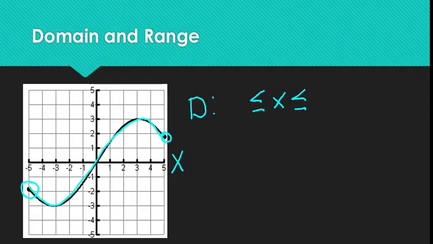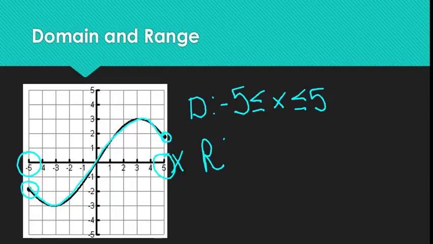We know this is the x-axis, right? The furthest to the left for the x-axis is -5, and the largest on the x-axis is +5. So the domain is all real numbers between -5 and 5. All values between -5 and 5.